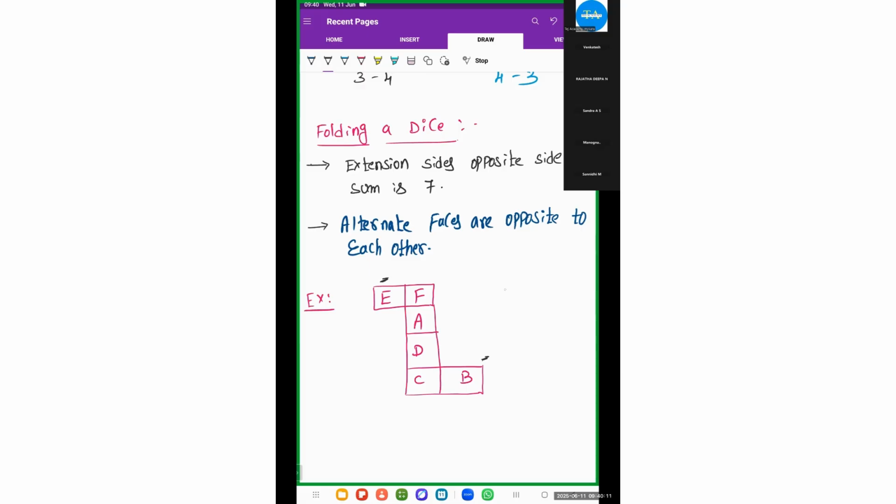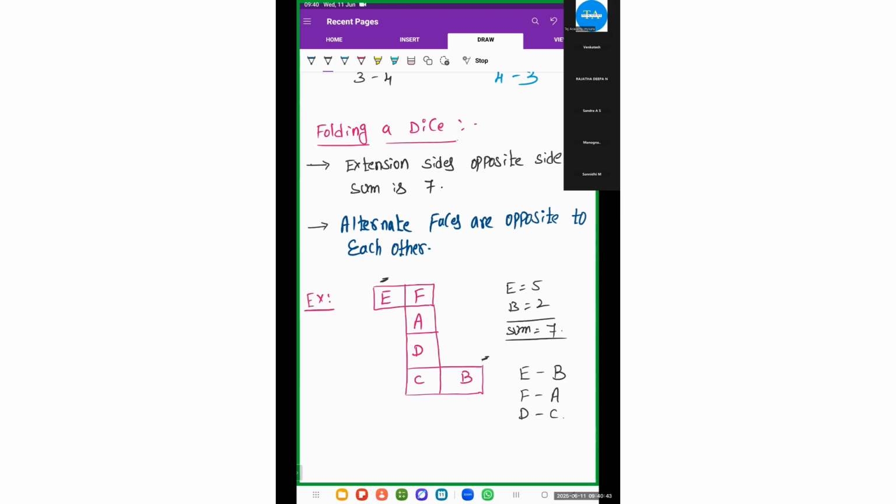You know the place value of E is 5 and B is 2. We get the sum as 7. So here E opposite is B. Then F opposite is A. Then D opposite is C. Clear?